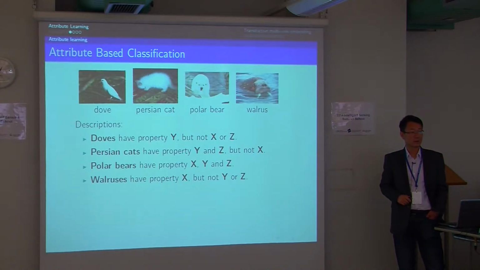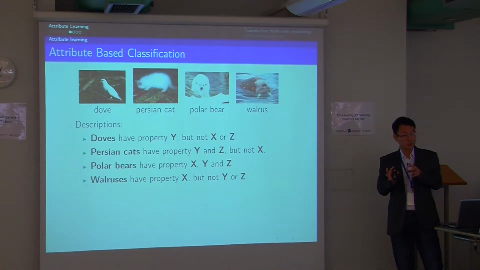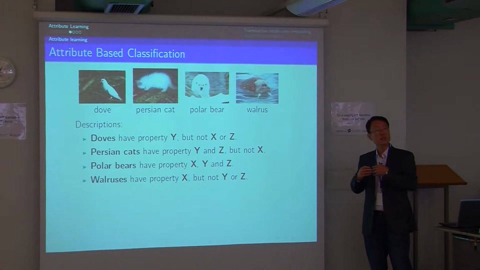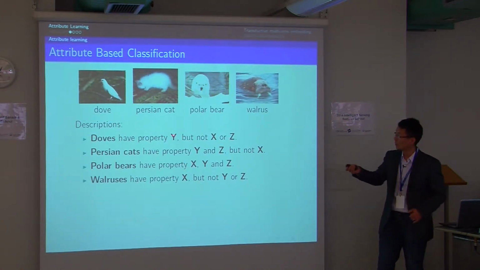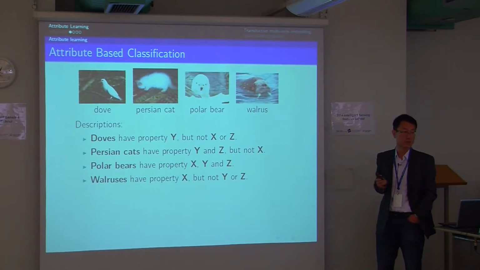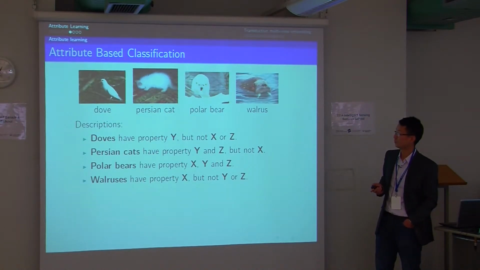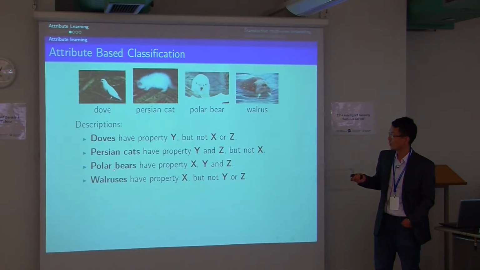Yeah? So now we have some proofs. By looking at some images we have, and we know we have examples and some descriptions, we could actually learn a model about what is X, what is Y, and what is Z. Yeah? So if you look at these four animals, who has X? Walrus. So basically polar bear and walrus. Yeah?